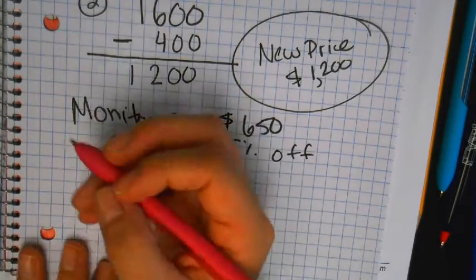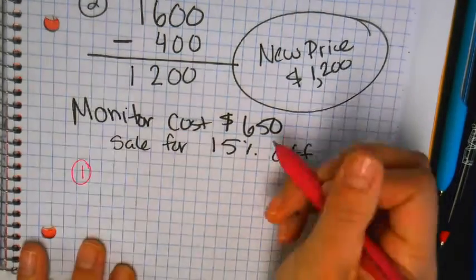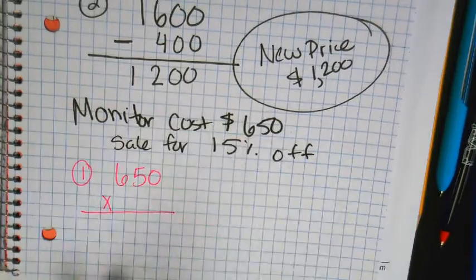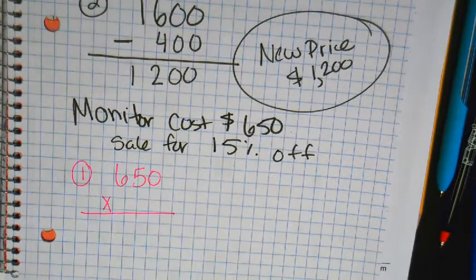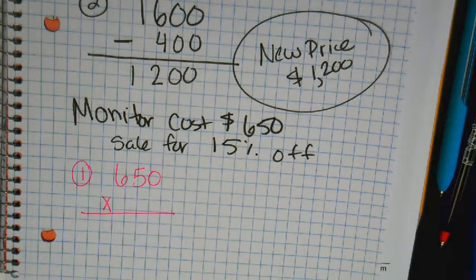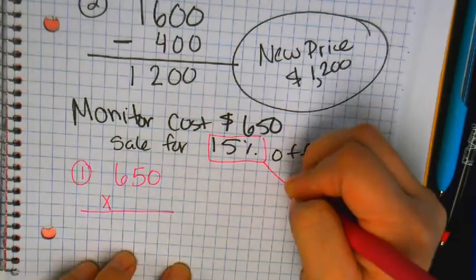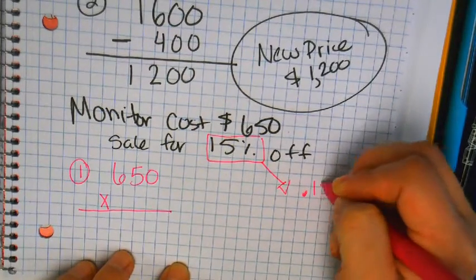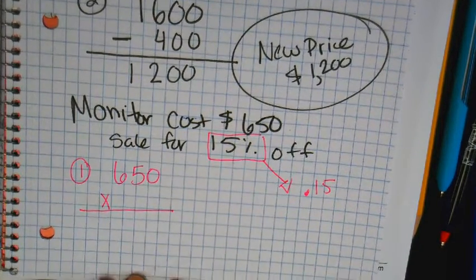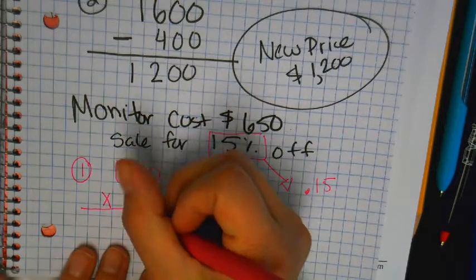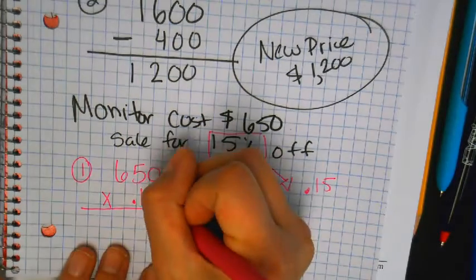Yes, our first step is to take our price, $650, and we're going to multiply it by what? Percent, but it has to be written as a decimal. So 15% would equal 0.15. 0.15. Very good. 15% is equal to 0.15. So here on the side, Luis, I'm going to write it down, 0.15.